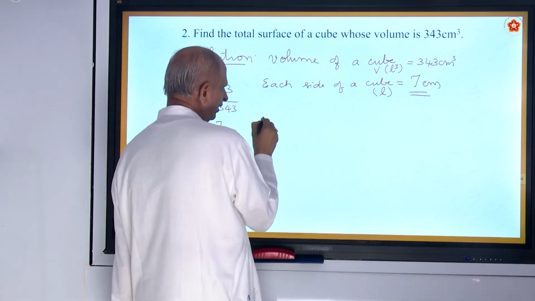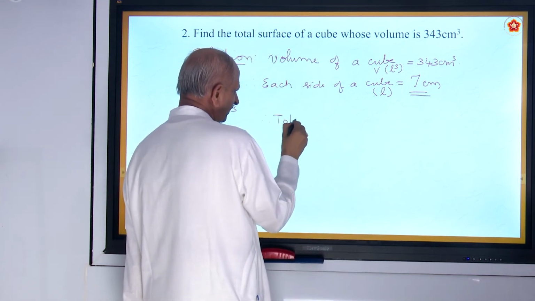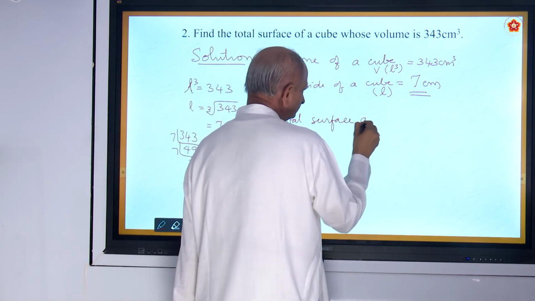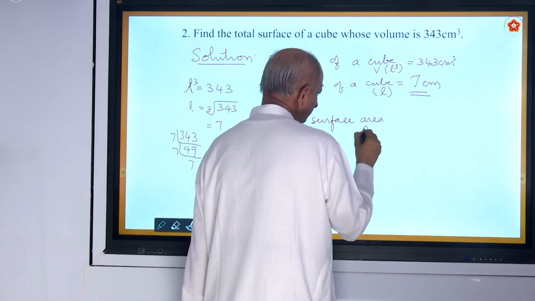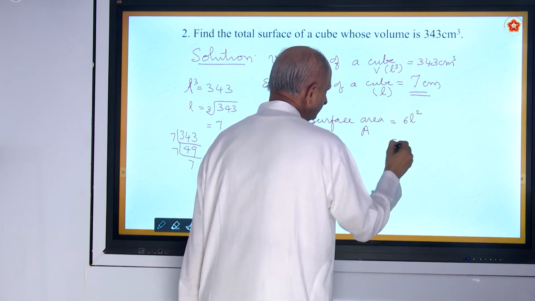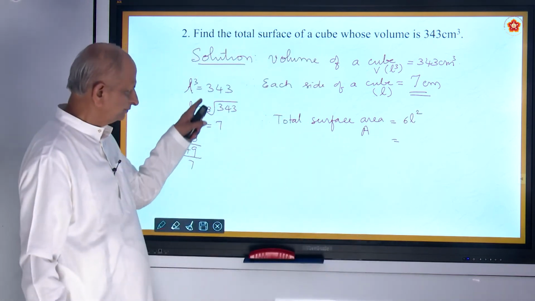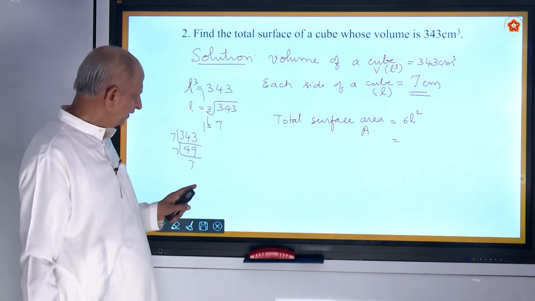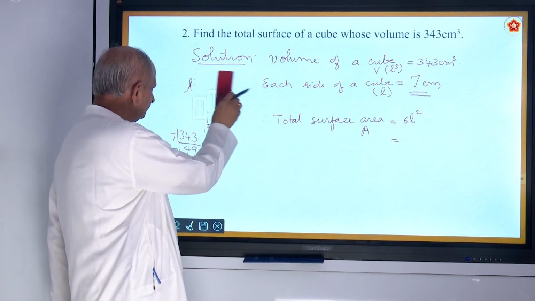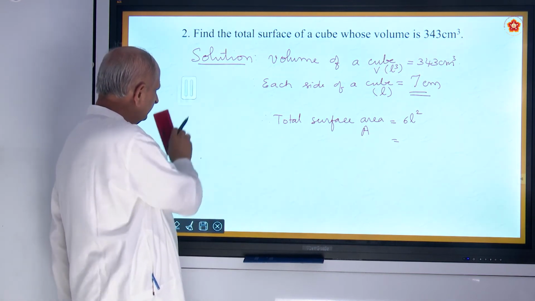And therefore, total surface area A is equal to 6L square. Noted this? After this, we will come to that.